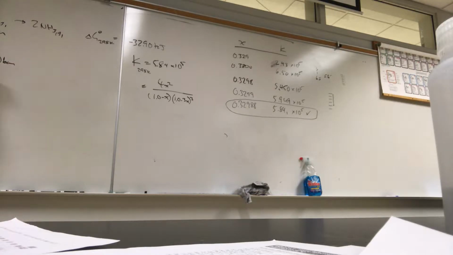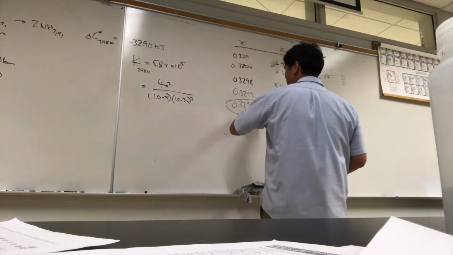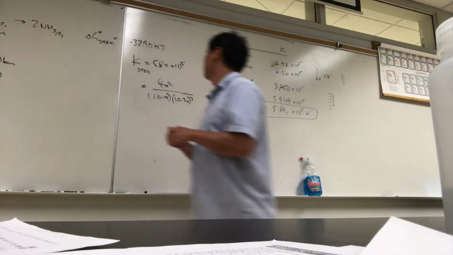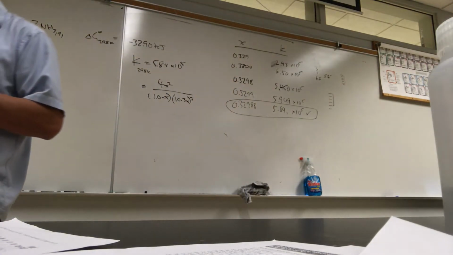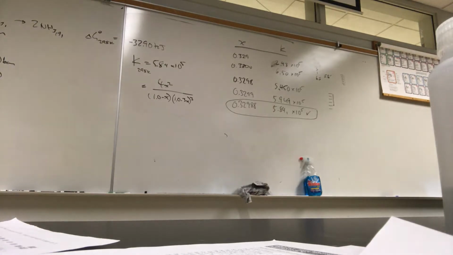And so this is 1.0 minus 3 times x, and that's going to be 3 times 0.32988, which is 0.98964.